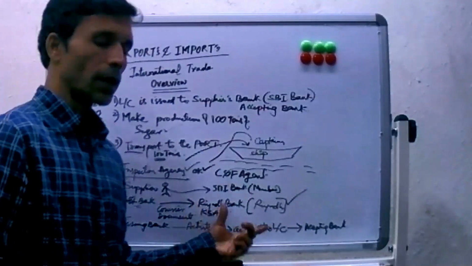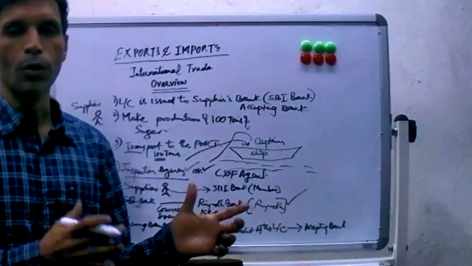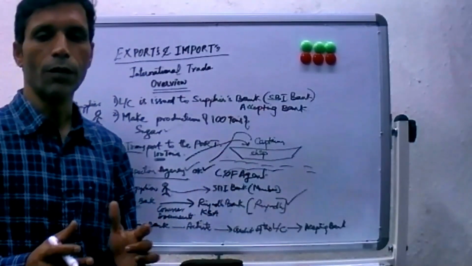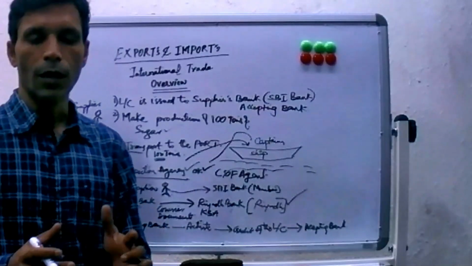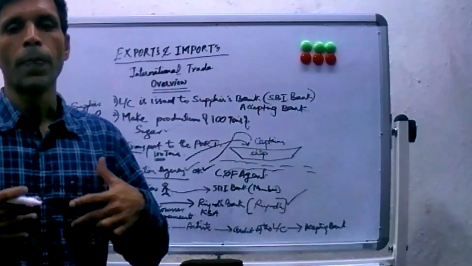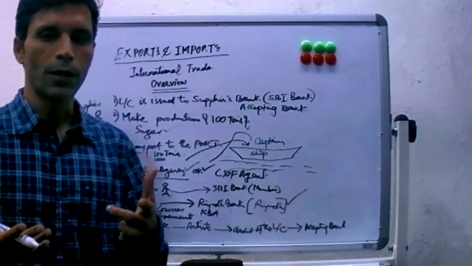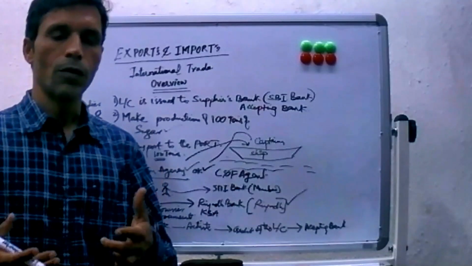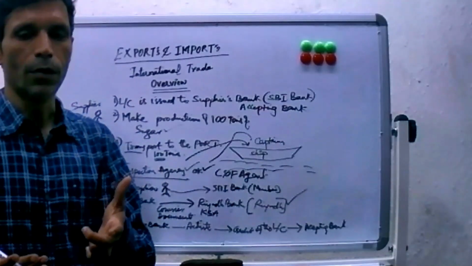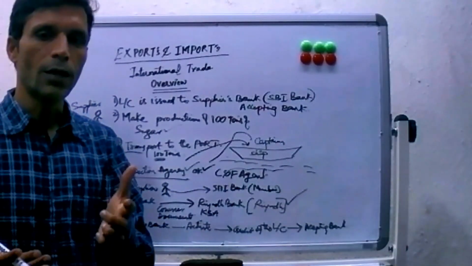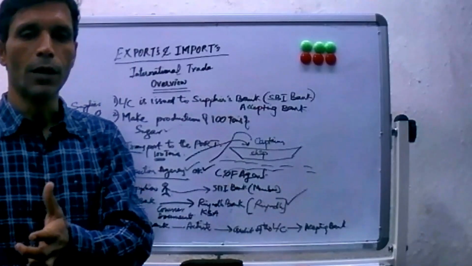The buyer receives the goods at the port based on the delivery of documents, and he will submit his title of goods to the ship's captain or CNF agent, and they will provide the goods to him.